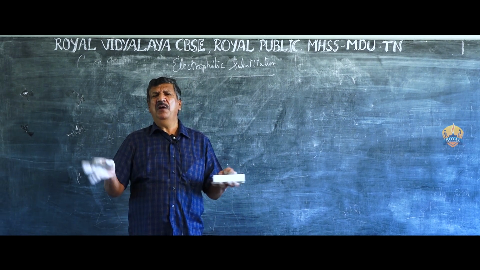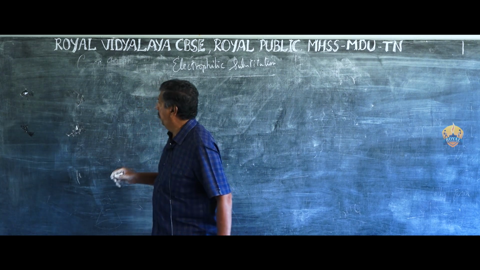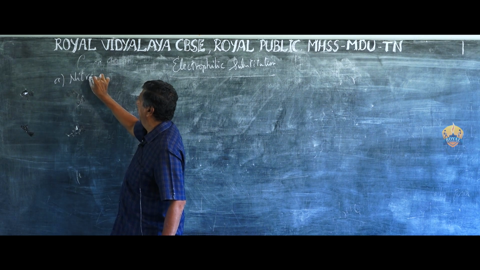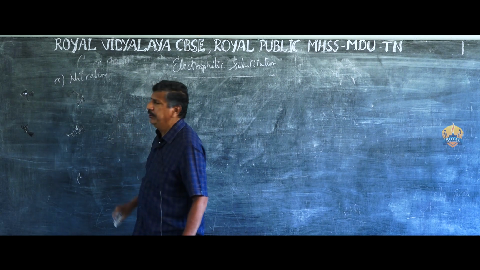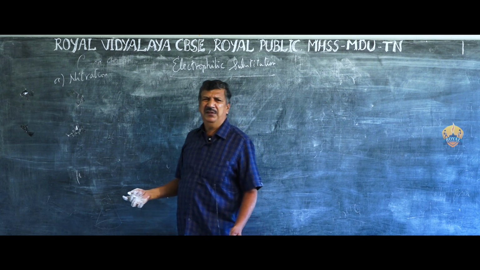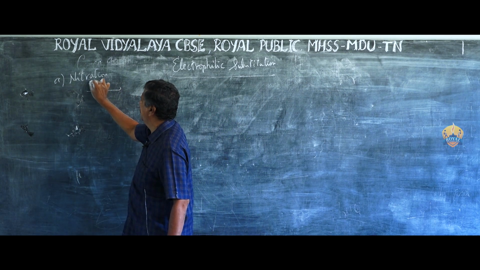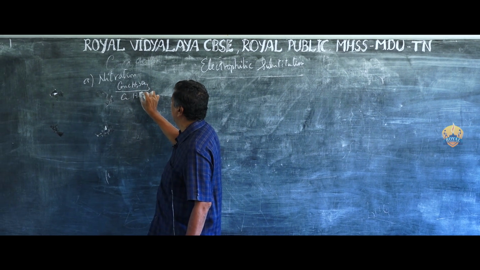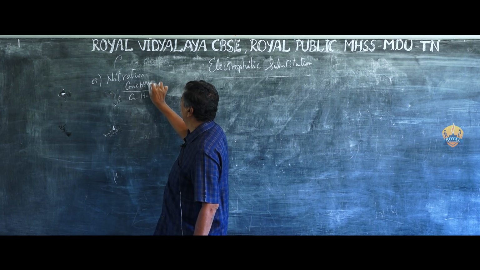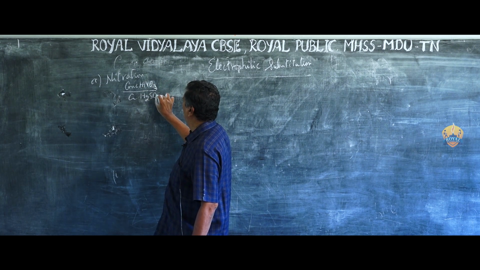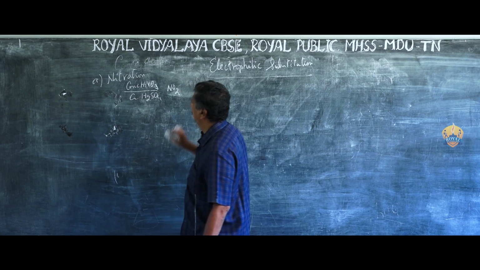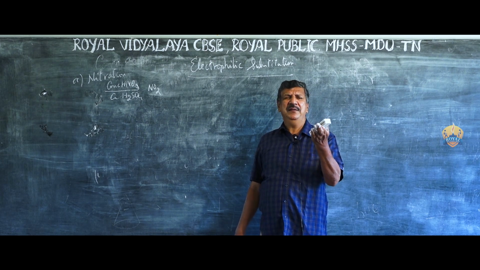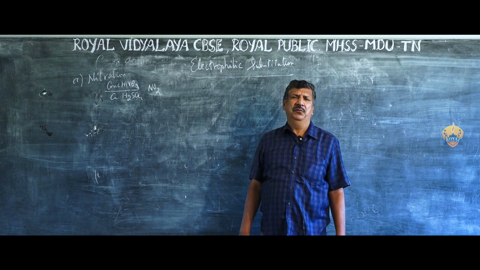You learn the common electrophilic substitutions. Suppose they say nitration, what should you do? You add concentrated nitric acid and concentrated sulfuric acid. First you write nitric acid and then sulfuric acid. So what will be the product? NO2. Whenever anybody asks nitration, it means nitric acid and sulfuric acid giving NO2.